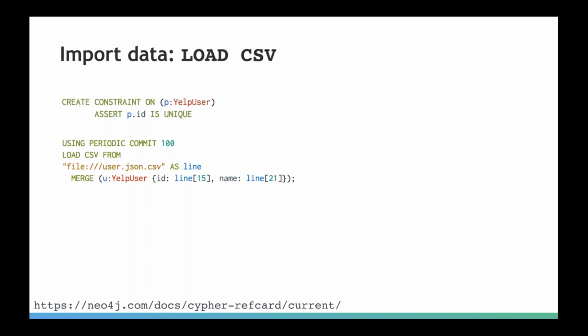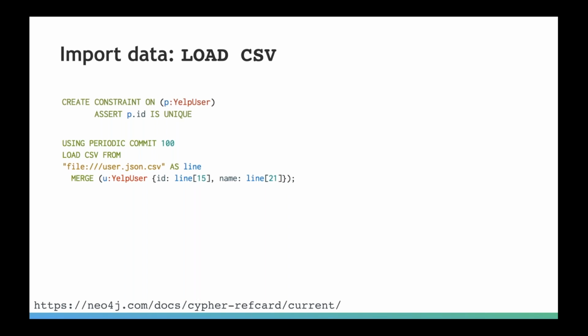And here you also see that transactional control that I was talking about, the using periodic commit. It reads lines of 100 at a time, and then it makes a commit, so it doesn't collect all that in memory. And when I was doing this, I had a little bit of a data quality problem.